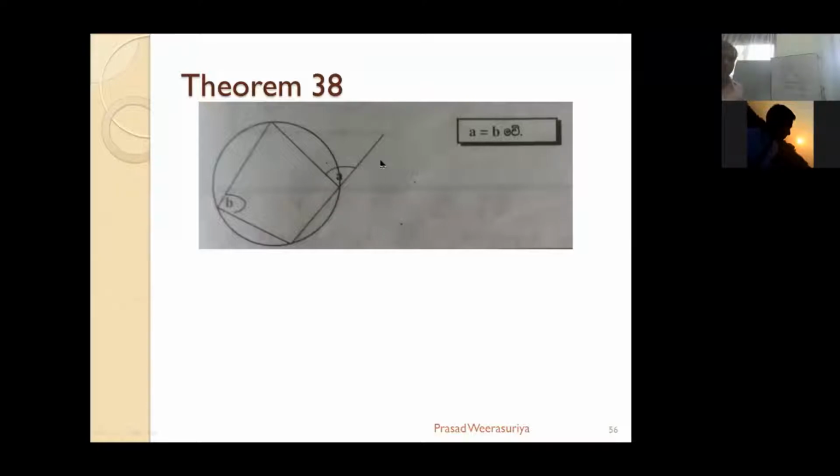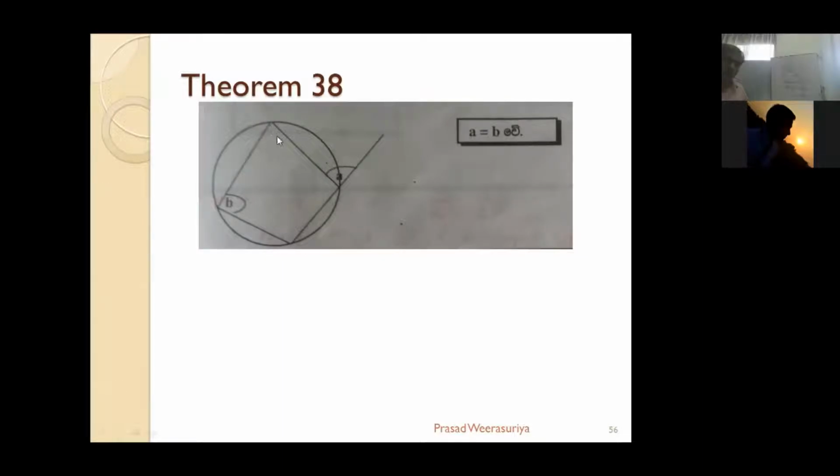Theorem number 38. Can you draw this figure? This figure illustrates again a cyclic quadrilateral, and one side of that cyclic quadrilateral has been produced like this, right? And you can see an exterior angle.